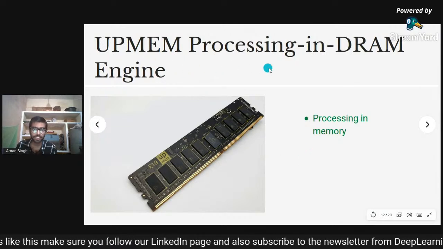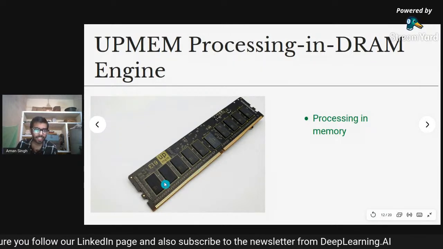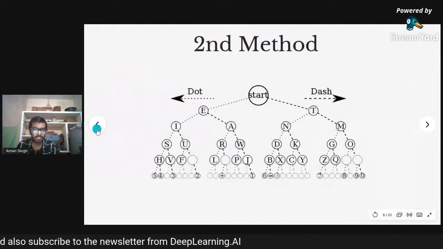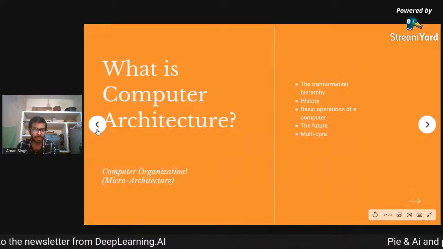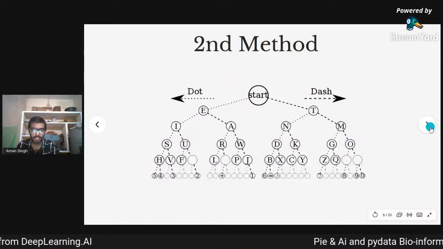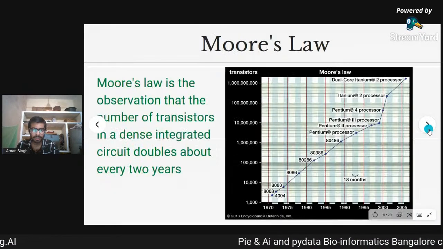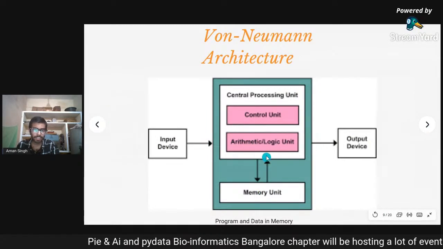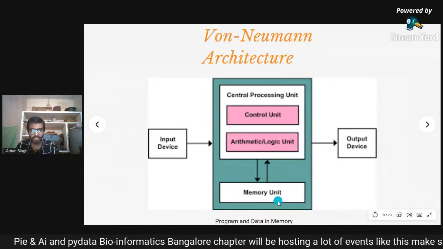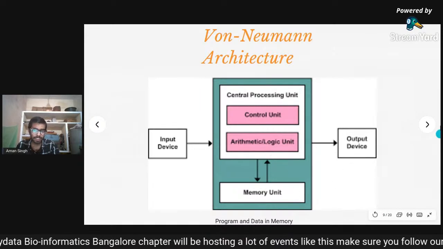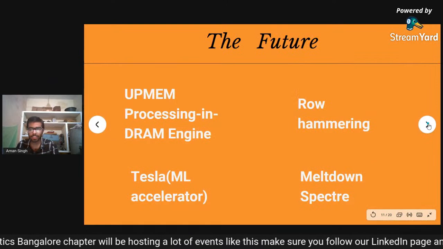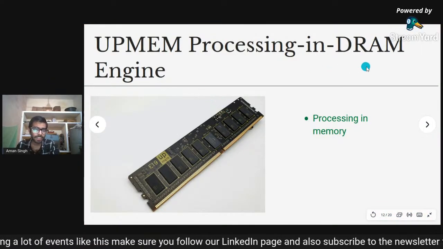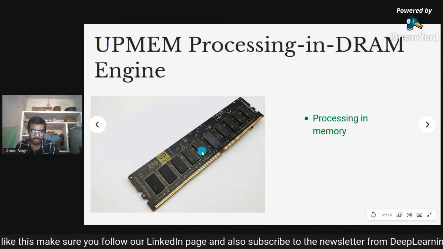Here in UPM processing, when we studied the von Neumann architecture, the data should be taken to the arithmetic logic unit, and then the output is calculated and brought back to the memory unit, which requires a lot of power consumption. Whereas in UPM processing in RAM, this doesn't occur.